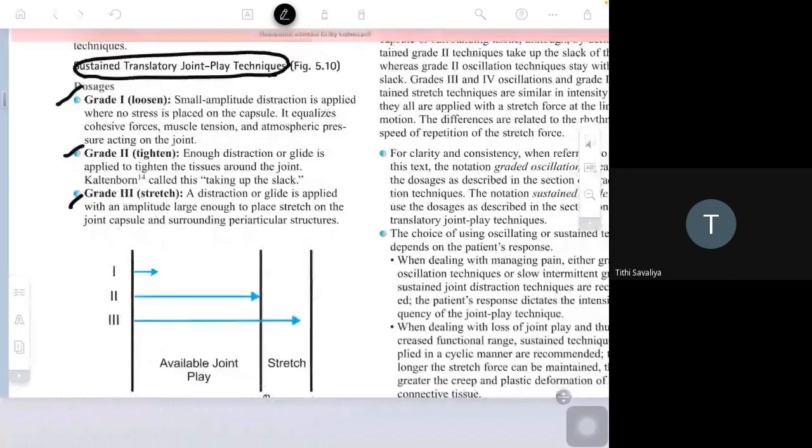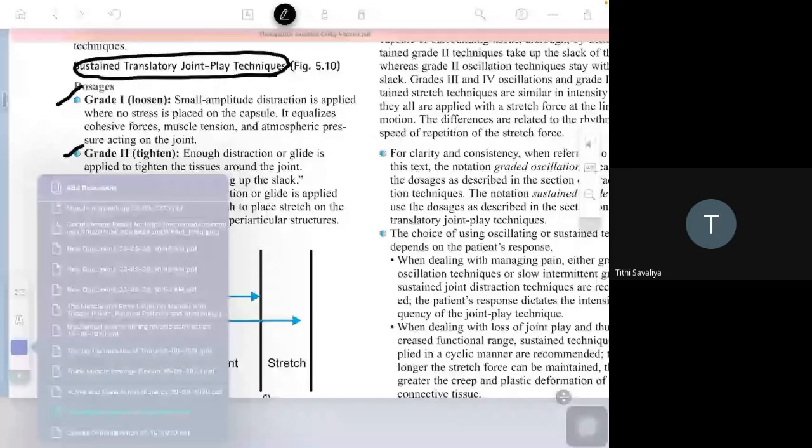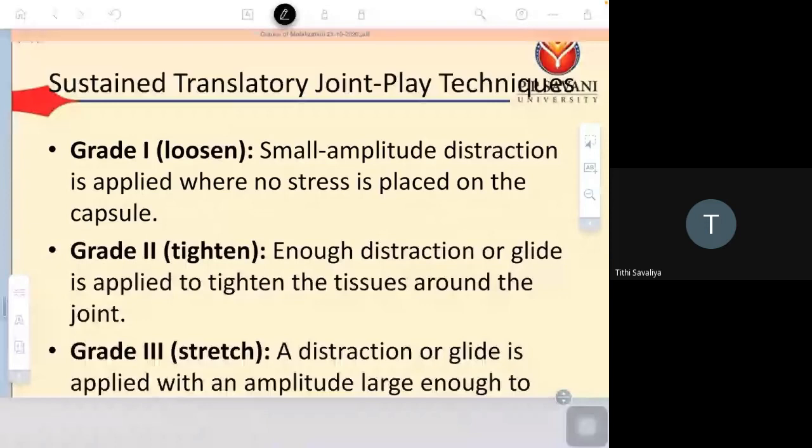Don't confuse it with the previous technique. We will study this separately. Both are different, both are not the same.